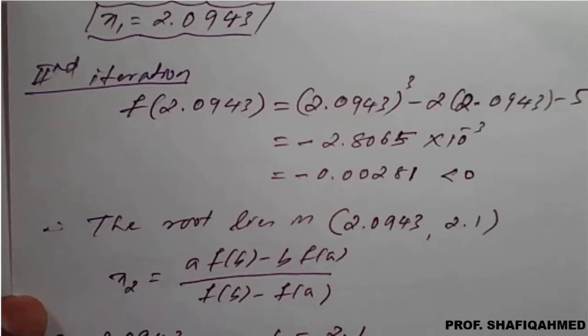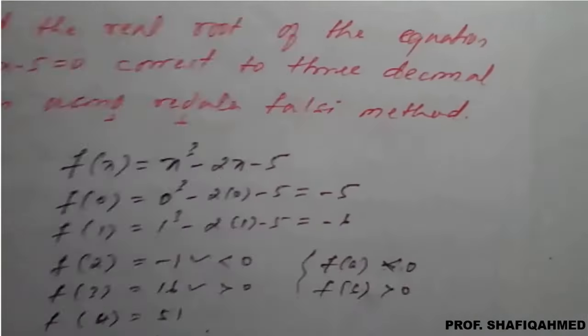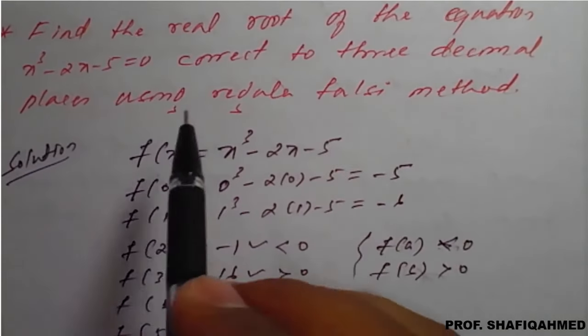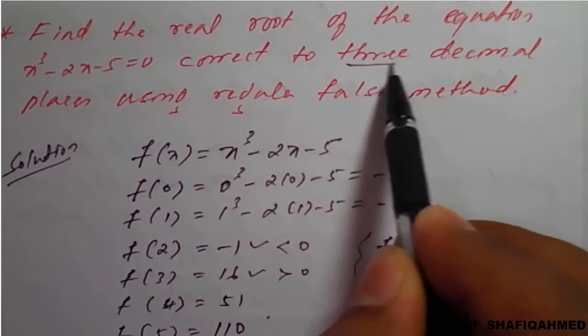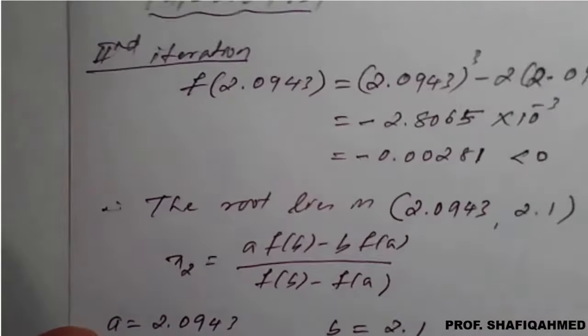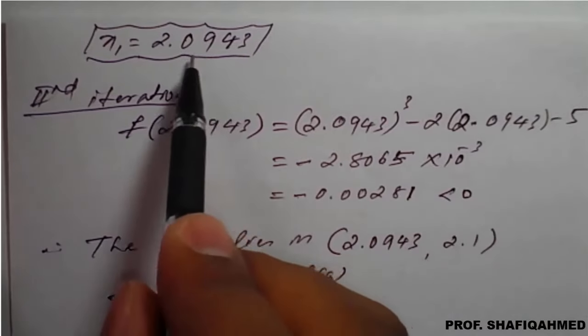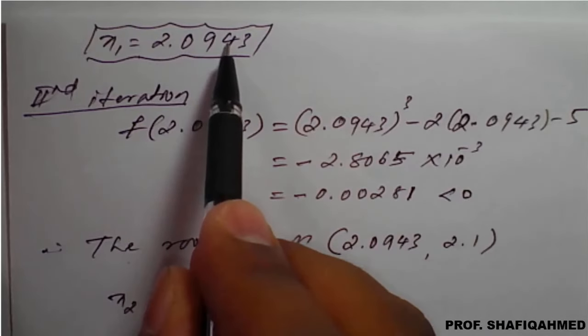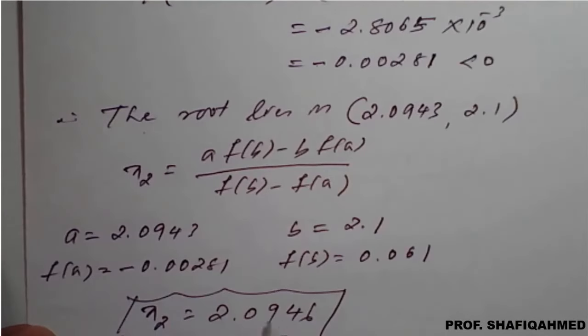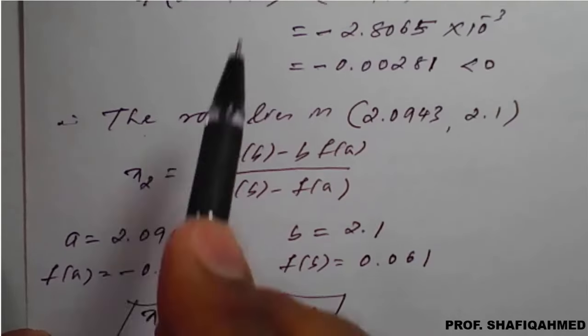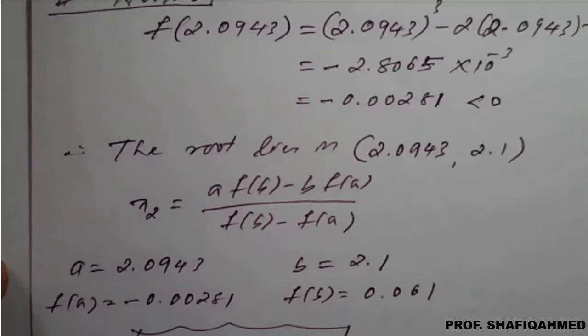You can just see that in the question you have to read it. They have asked for the solution correct to 3 decimal places. So the previous iteration, 3 places, is 2.094, and here too, both 3 decimal places are the same for the previous iteration and the next iteration.